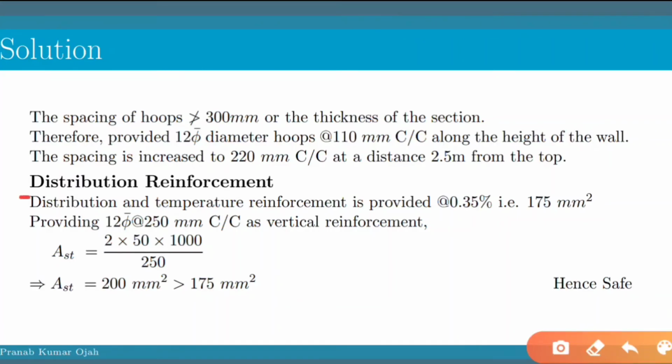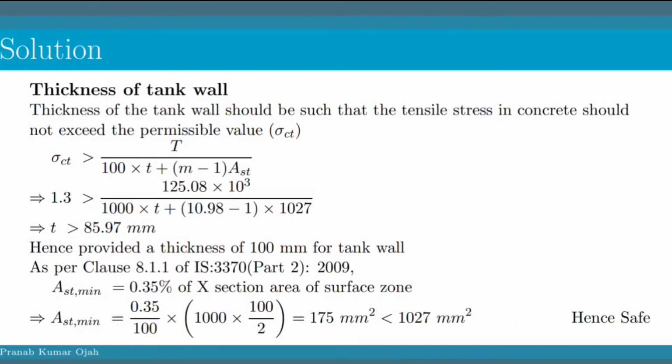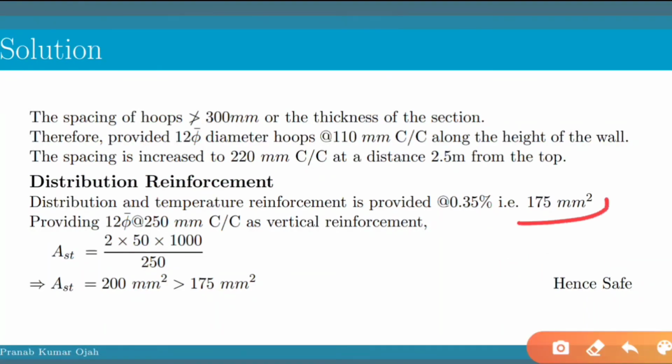Now we have to calculate the distribution reinforcement. Distribution and temperature reinforcement is provided at 0.35%, which means 175 mm square, as we have already calculated.